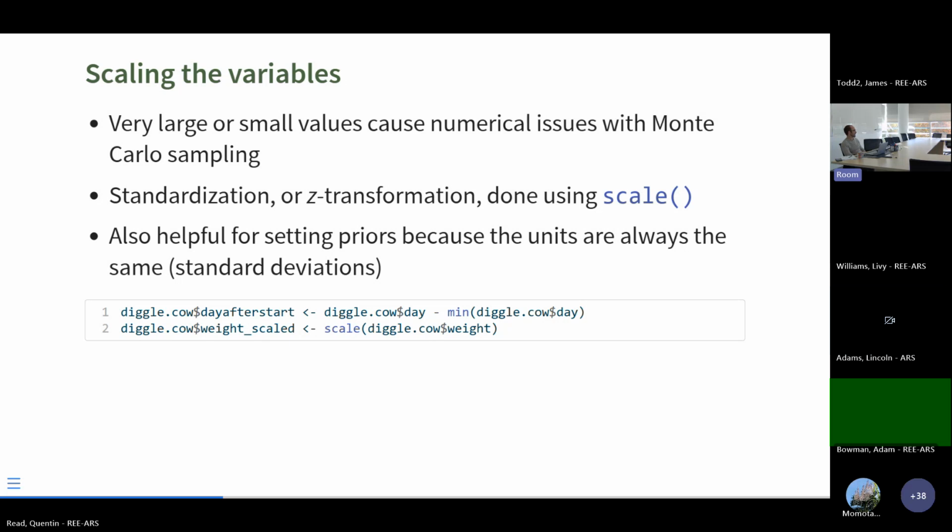Maybe you could take the logarithm of it. So it's more about being on the same order of magnitude? Yes, that's right. As long as all the predictors, if they're continuous, are scaled to be on a similar scale. You don't really have to, but it's a good practice. Yeah, it can help.